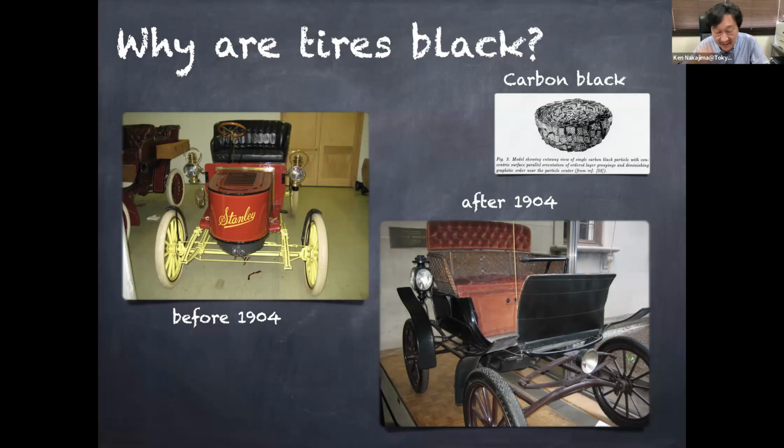On the road, it would easily wear out and disappear, maybe even after 1 kilometer of driving. So people would not be safe with that. But by adding particles into the rubber material, even in the case of the white tire, it was okay.